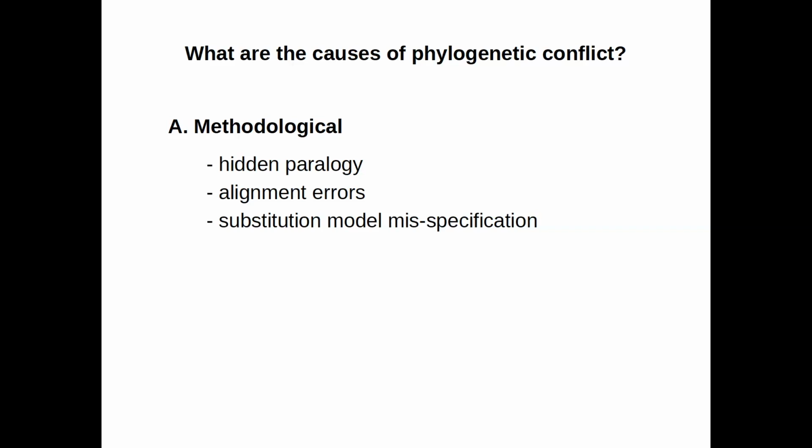There are a number of well-documented problems with pipelines for building trees: you can fail at correctly calling orthologs, you can fail at aligning sequences, you can fail at specifying the substitution model. For all these reasons, an observed tree can be different from the true tree.